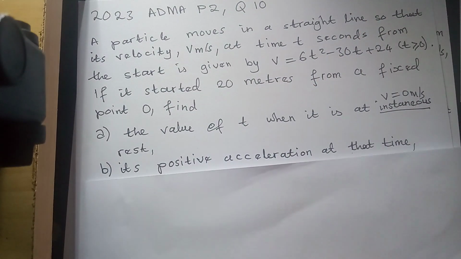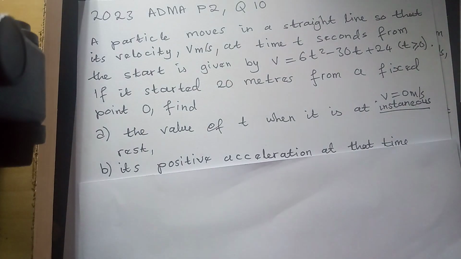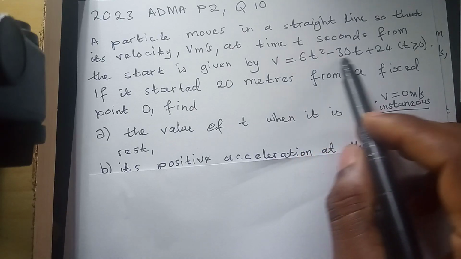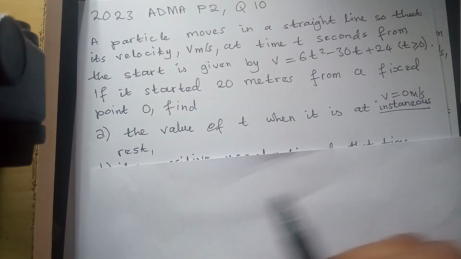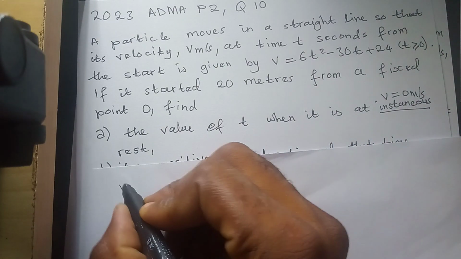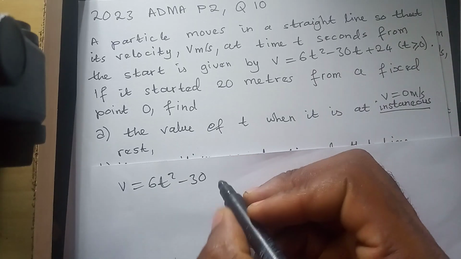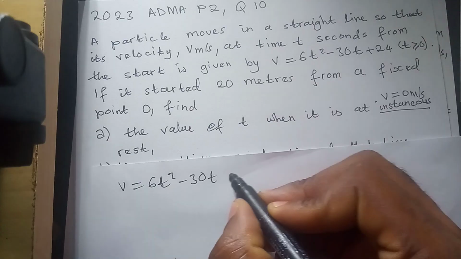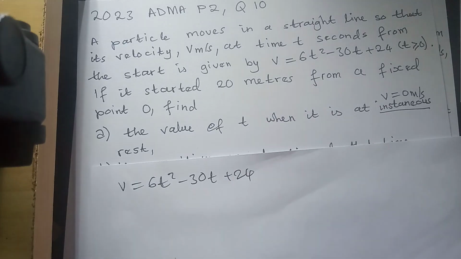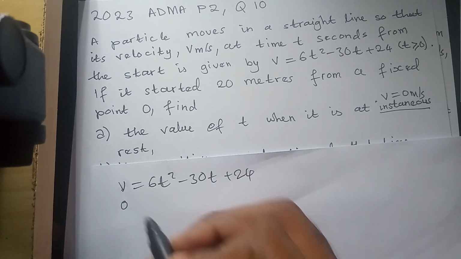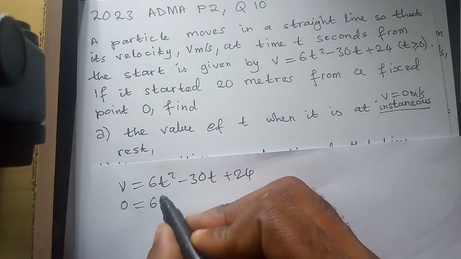So to find the value of t when this object is instantaneously at rest, you can just equate the velocity equation to 0. So you can just say v = 6t² − 30t + 24, and then since it's at rest, you put a 0 there.